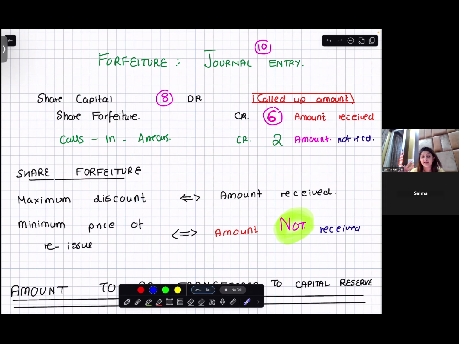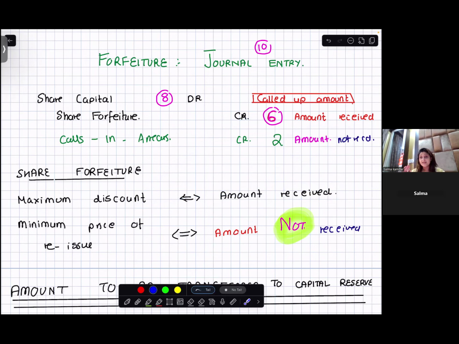And the second is the minimum price at which you can reissue. The maximum discount that you can give at the time of reissue is the amount received. This usually comes in MCQ. Minimum price at which you have to reissue is the amount that you have not received.